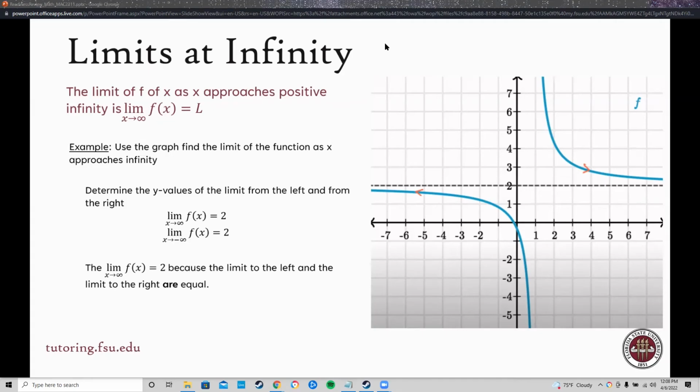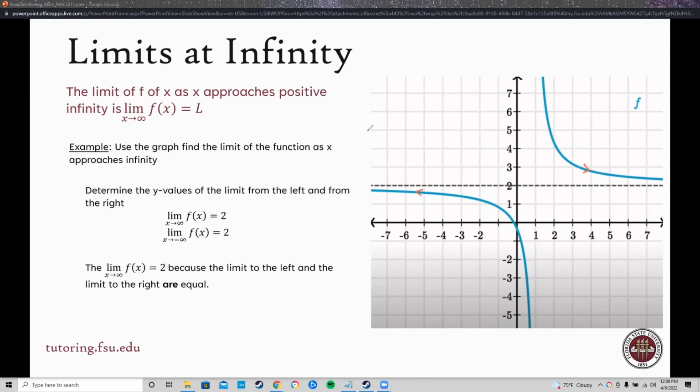All right, one more example. The limit of f of x as x approaches positive infinity. Again, you can also ask about what happens when x approaches infinite values. So instead of asking what the graph is doing at a particular x value, you can ask what the graph does when it goes to an infinite x value or a negatively infinite x value.